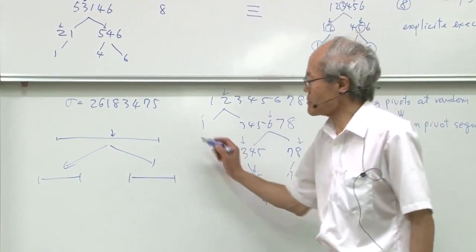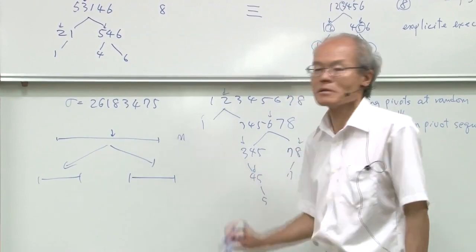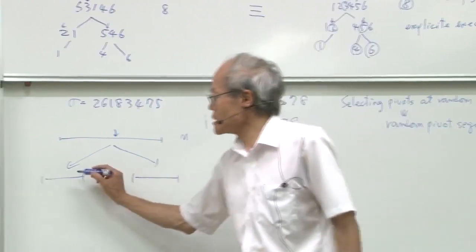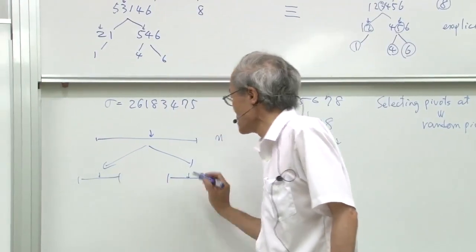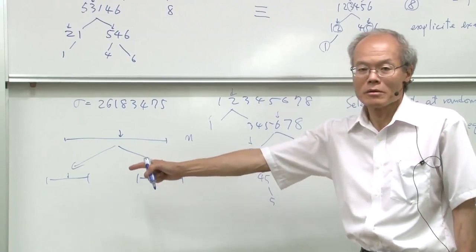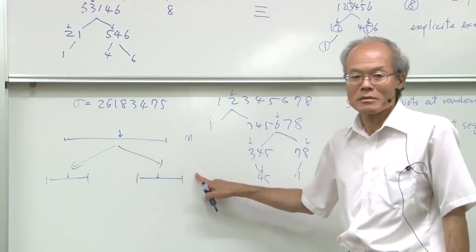Okay? What is the number of comparisons? This is almost n. Actually, n minus 1. Here, again, your pivot is almost the middle. Then what is the comparison here?